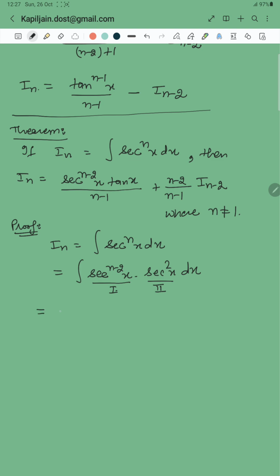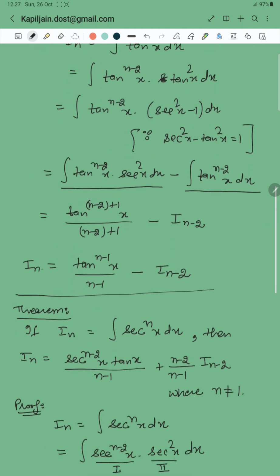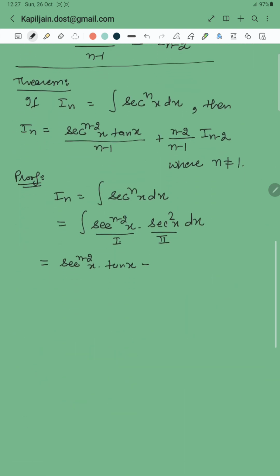So integral becomes first function as it is, integration of second, and we know that integration of secant square x is tangent x, minus integral derivative of first means n minus 2 secant raised to power n minus 3 x multiplied by derivative of secant x, which is secant x tangent x, and integration of secant square x, which is tangent x dx.